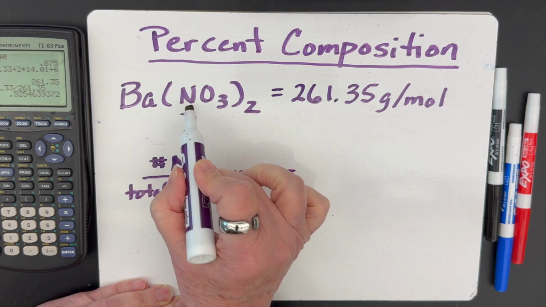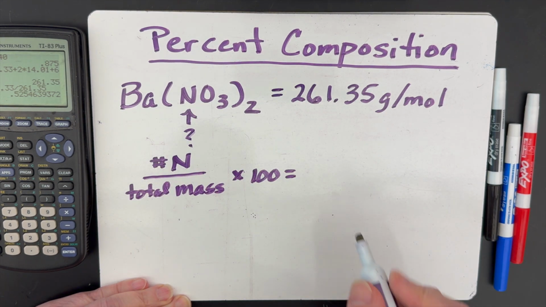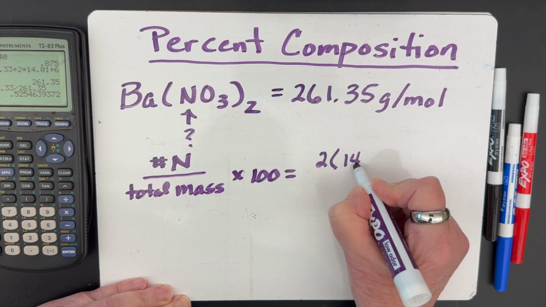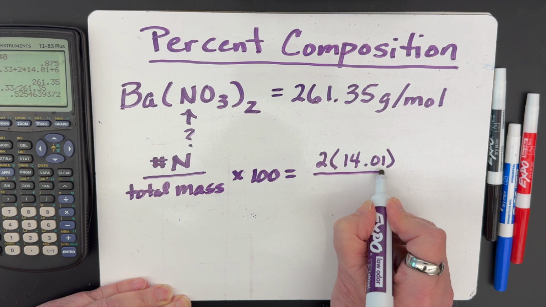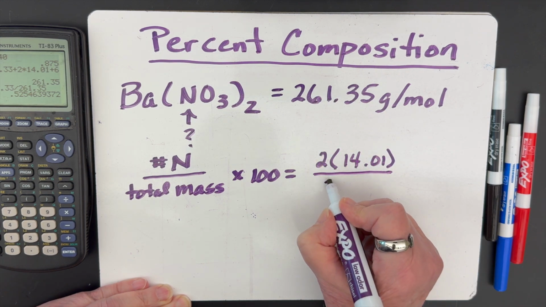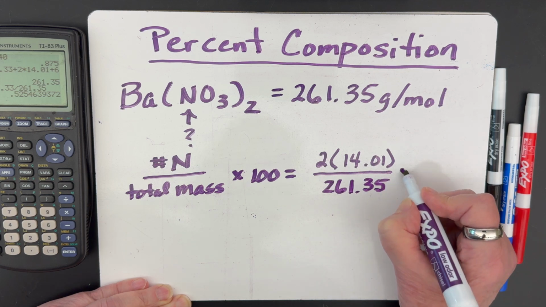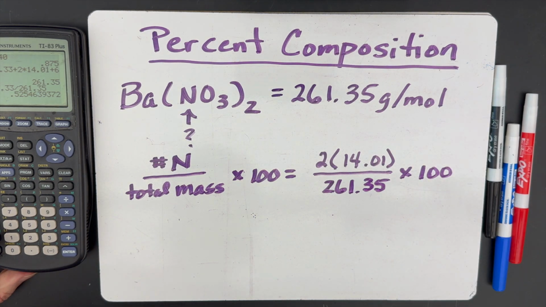So we have 2 nitrogens. Remember, this 2 distributes in. So we have 2 nitrogens, and each nitrogen is 14.01 grams per mole. And our total mass is still 261.35. And then we multiply by 100 to turn it into a percent.